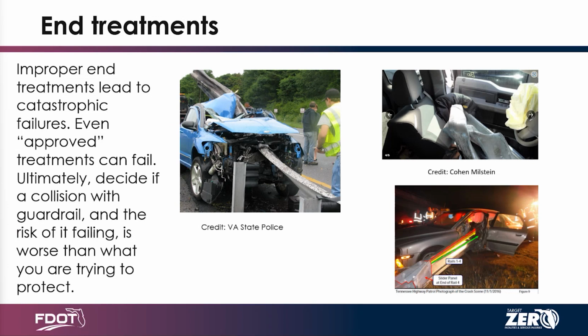Someone getting impaled by a guardrail is not a great scenario. And of course, installing those end treatments is the first level, but then there needs to be proper maintenance to make sure that they uphold their quality. But these scenarios that you see in the images are definitely not what we want to accomplish when we put up guardrails to reduce the severity of the crashes.